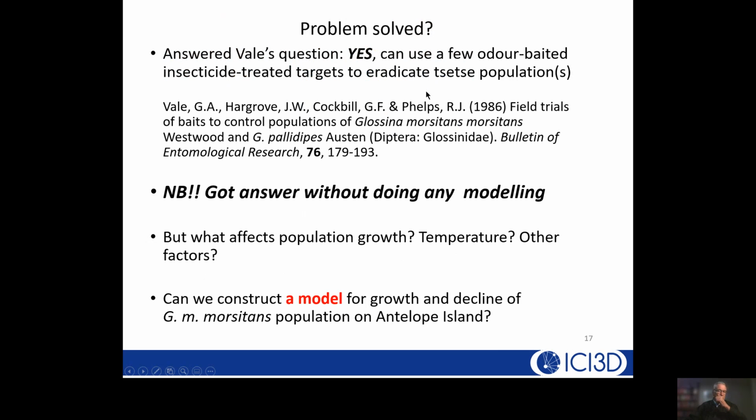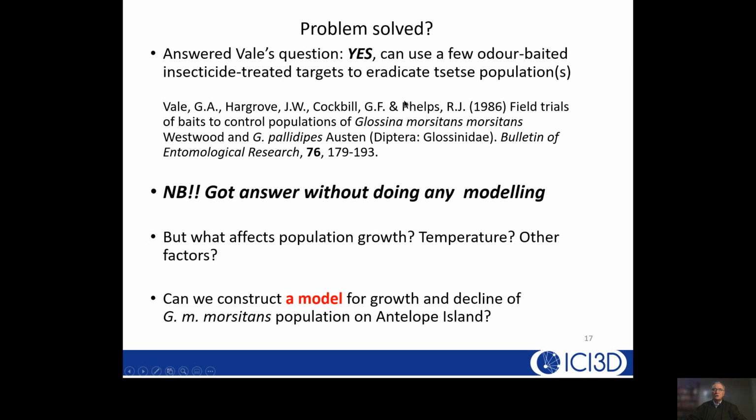Now, the point was that, as I've said, what Glynn did was to allow this population to grow to tremendous heights. At one point, there were 30,000 flies on the island, and he was able then actually to eradicate the flies just using 4 targets per square kilometer. And this gave rise to a tremendous industry, basically, because people realized we can use this as a much cleaner way of getting rid of tsetse flies.